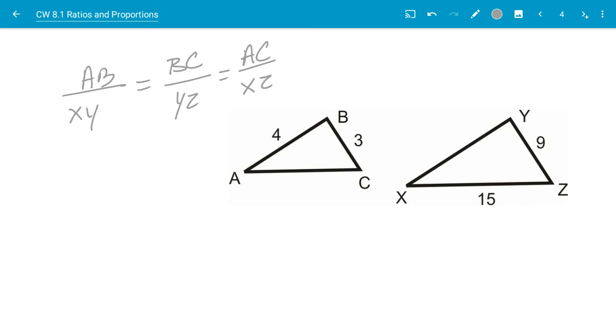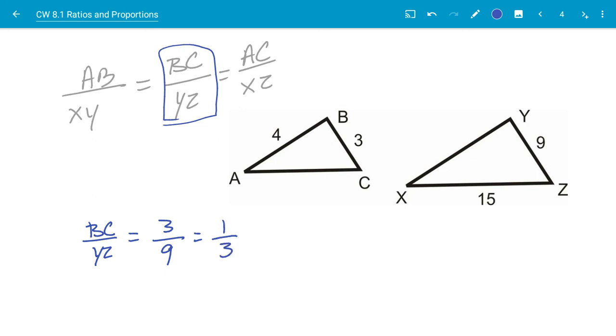So when we look at this, it becomes evident that I have one ratio that is BC over YZ, and that is equal to 3 over 9, which I always like to reduce, which is equal to 1 over 3. So now I need to find out what AC is and what XY is.